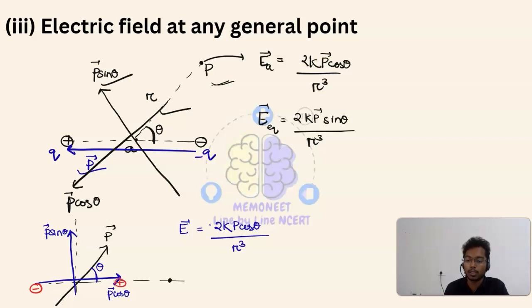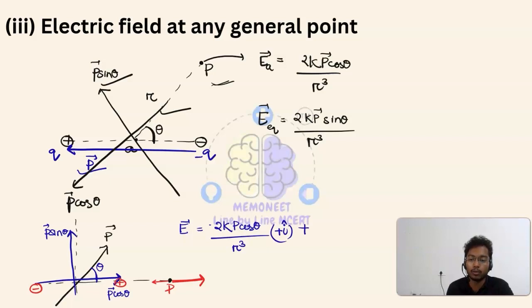Here is the positive charge, present closer to this point P. So this positive charge is closer, so it will have the repulsion effect, and the negative charge will have the attraction effect here. But the positive charge will have the greater value for the force as it is present closer to the point P.